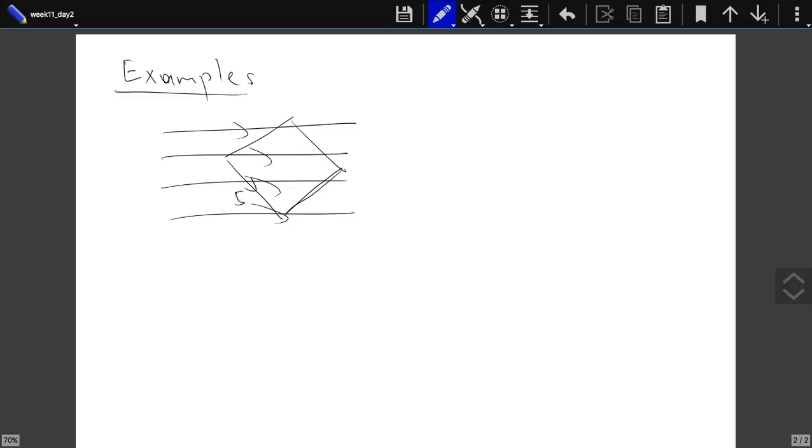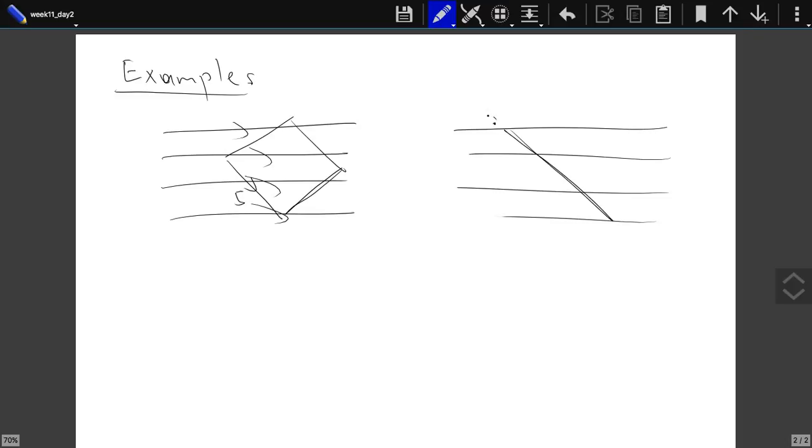And this is the direction of the current. If I look at this loop from the side, this is what I will see. So it makes an angle. The current is towards you at the top, and the current is into the screen at the bottom.